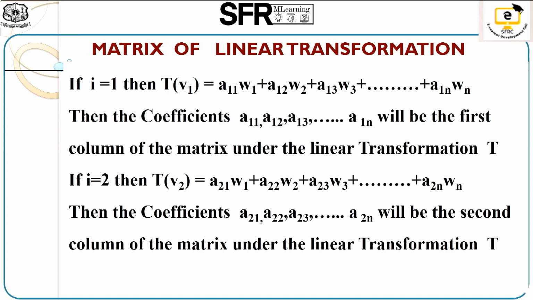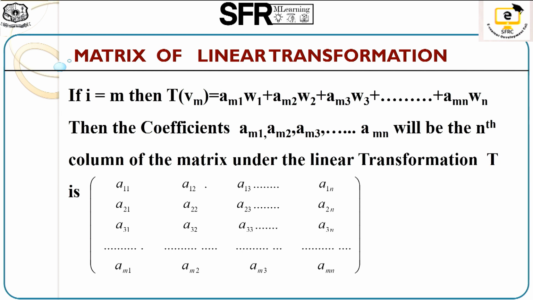Here the coefficients a11, a12, a13, up to a1n will be the first column of the matrix of the linear transformation T. Again, if we put i equal to 2, T of V2 can be written as a21 w1 plus a22 w2 plus a23 w3 plus etc., a2n wn. Here the coefficients a21, a22, a23, up to a2n will be the second column of the matrix under the linear transformation T.